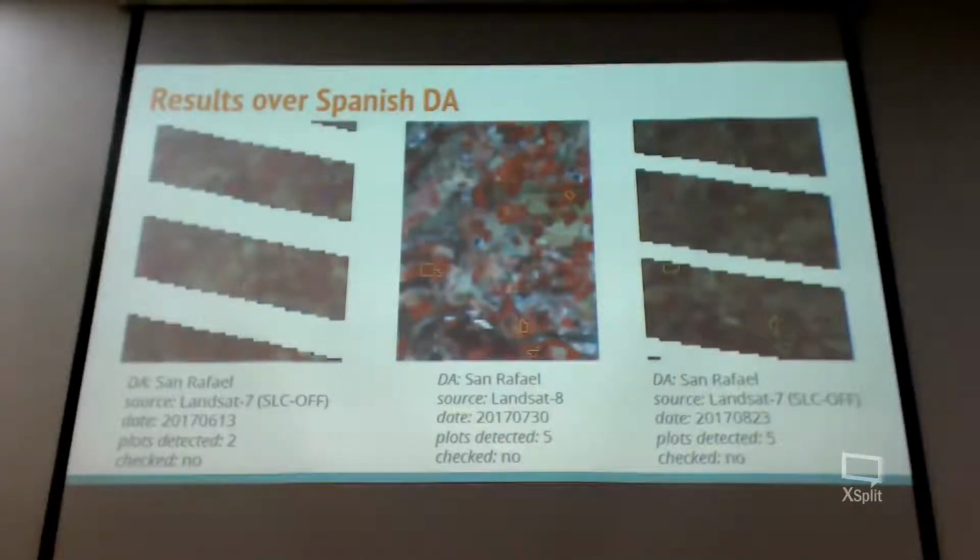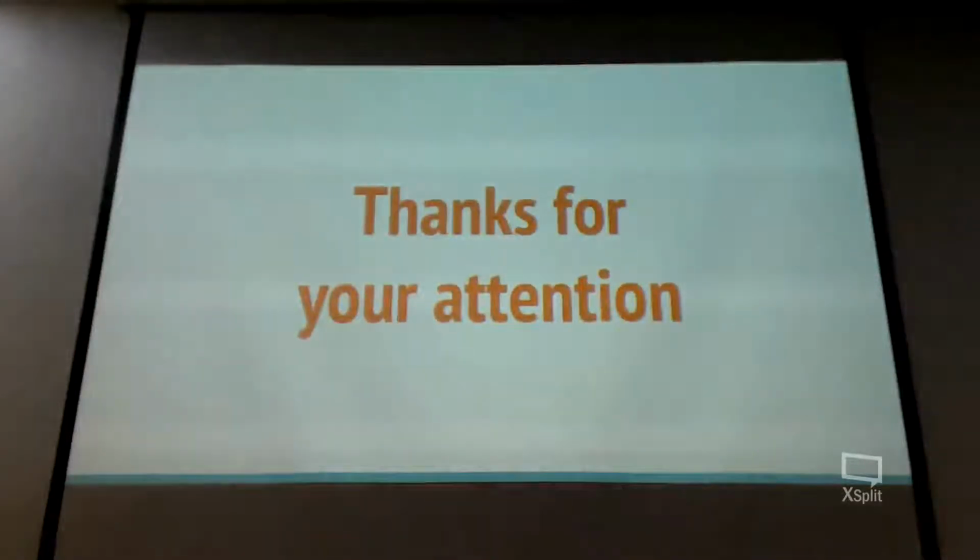But of course, the local calibration of the parameters can give us the possibility to better allocate the irrigation, even if the project will have a future. I thank you for the attention.